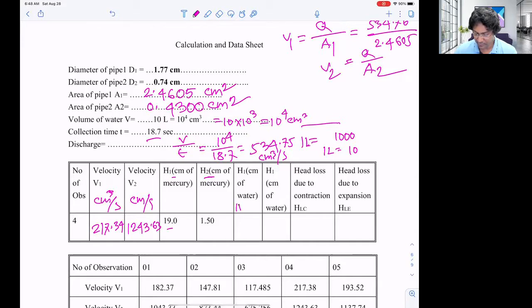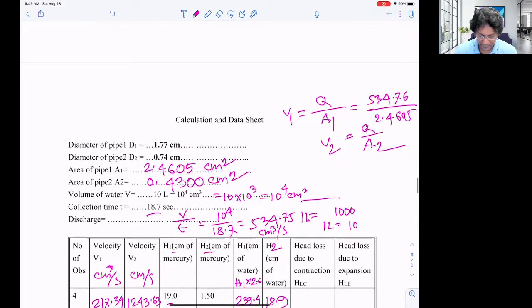If we multiply that H1 by 12.6, we'll get it in terms of water, so that will be 239.4. So head loss due to contraction, right?